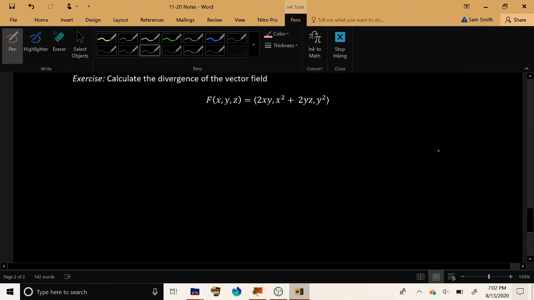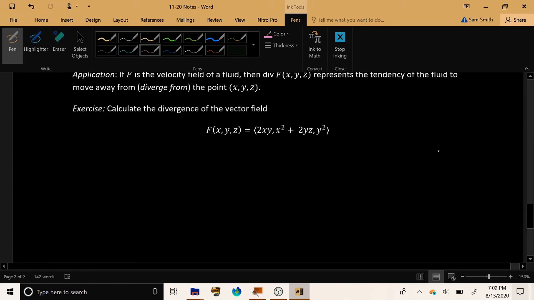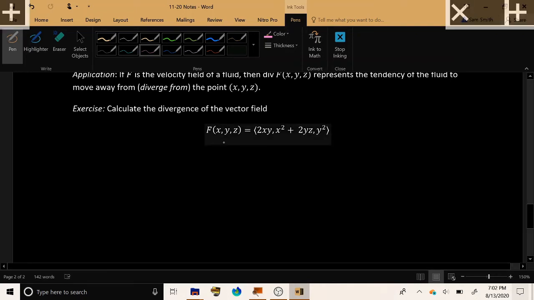Okay, now let's get some quick exercise and let's calculate the divergence of the following vector field. We have F of x, y, z equals 2xy, x squared plus 2yz, and then y squared.